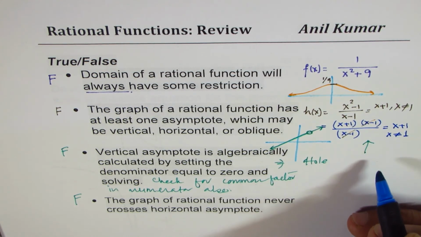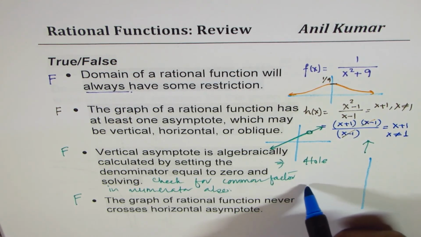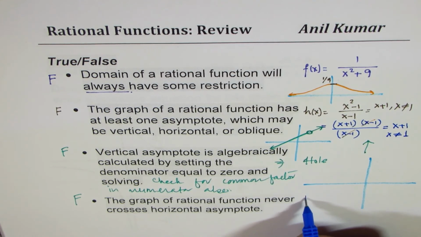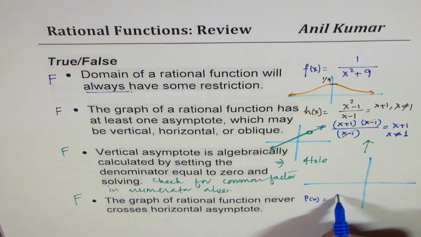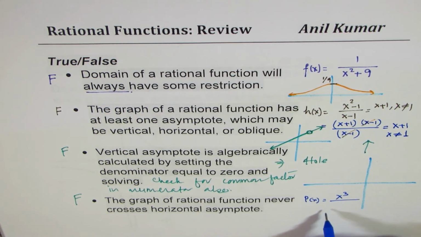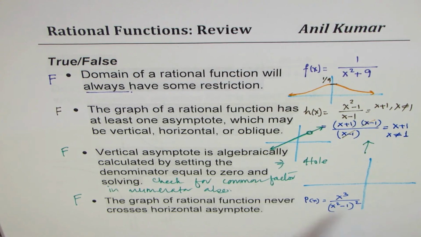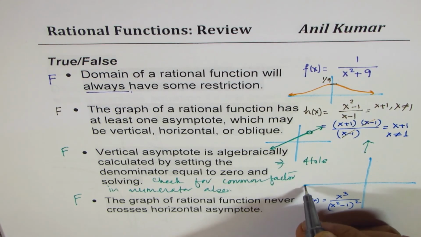For example, let's have a graph like this. What I will do here is give you a concrete example and then we'll sketch, right? So let's say we have a function p of x equals x cubed over x squared minus 1, all squared. Now the degree of the denominator is higher, that means we have a horizontal asymptote, correct?